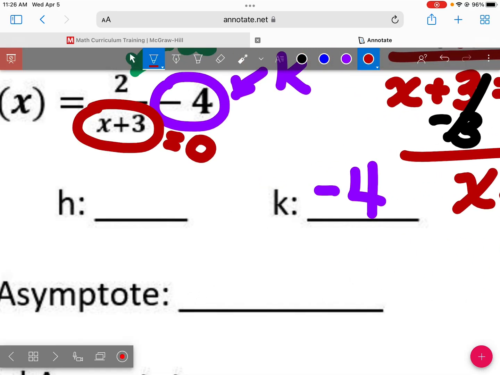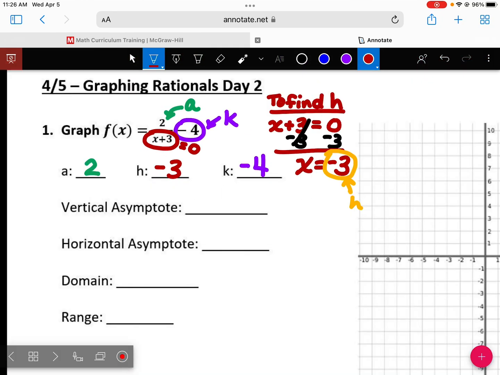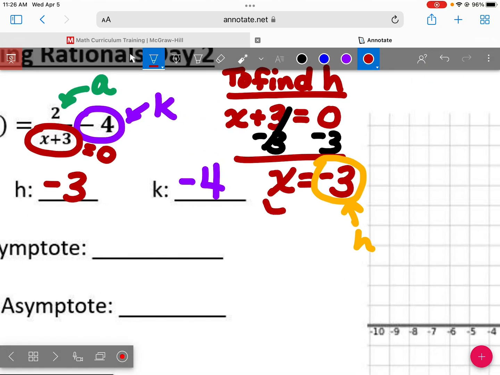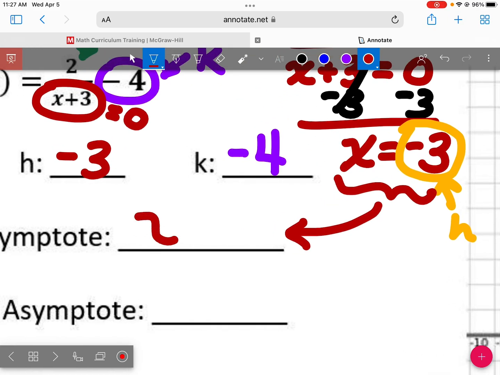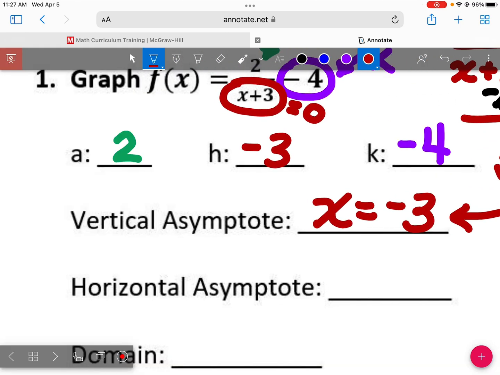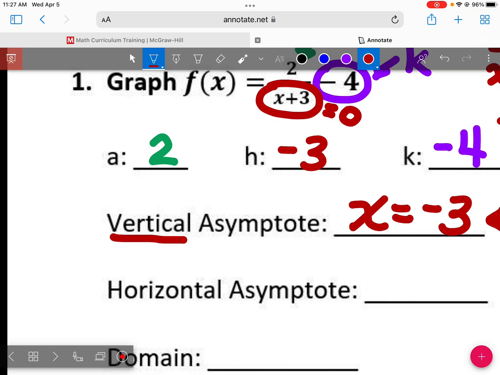So that's what I'm going to put on the line here for h, -3. But the entire equation is my vertical asymptote. X equals -3. My vertical asymptote is always going to be x equals h.